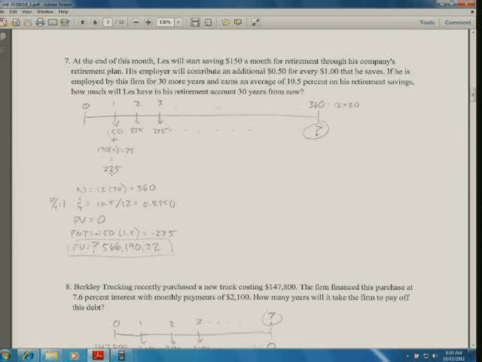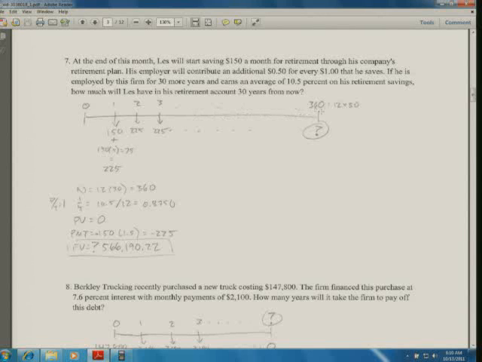So the total amount that's going into his retirement account every month is $225, not just the 150 that he put in. At the end of month 2 here, our second tick mark, the same thing happens. $225 goes in, his 150 plus the employer's 75. We'll go out to the end of month 3, same $225 goes in. And these dots here mean that this happens every month for 30 years.